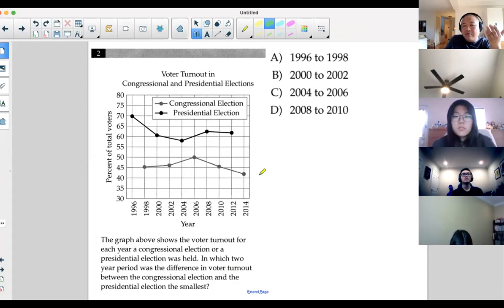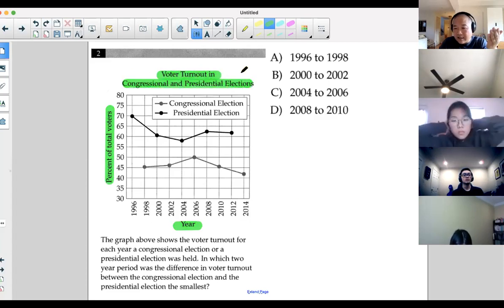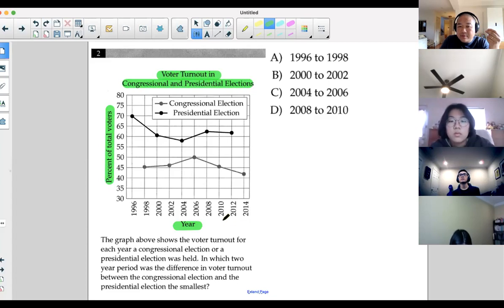I need you to start reading from the graph, and make sure you read the labels and titles. Is that clear, guys? Why do you have to read titles and labels altogether? Because you'd rather read everything, slow down just a little bit, read it once and get it over with.